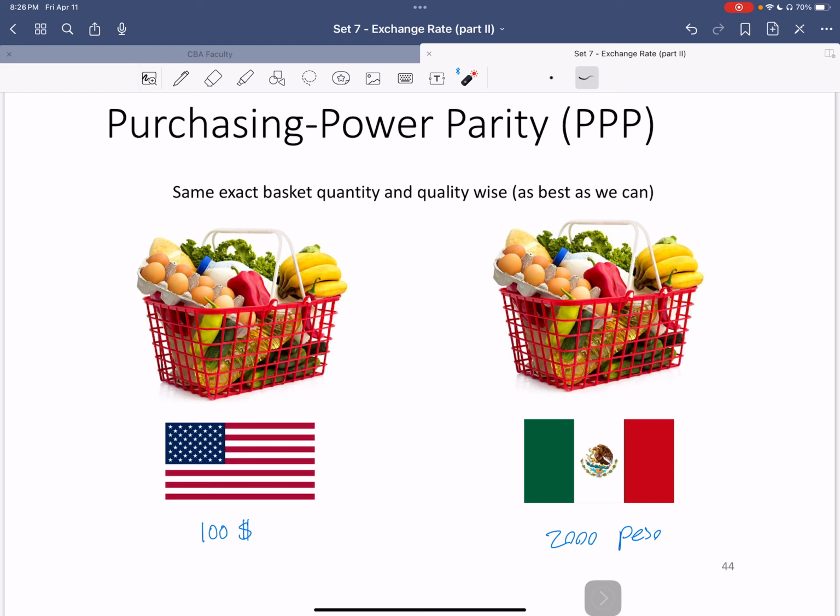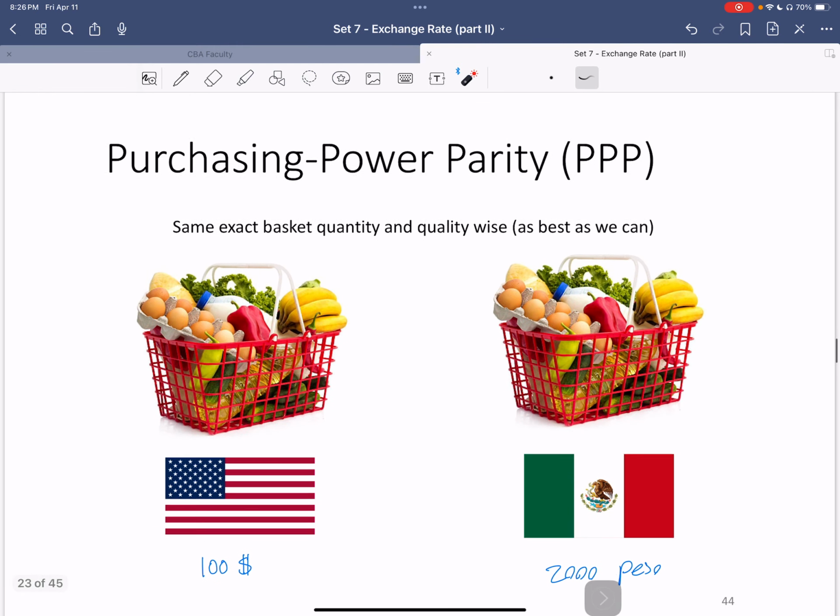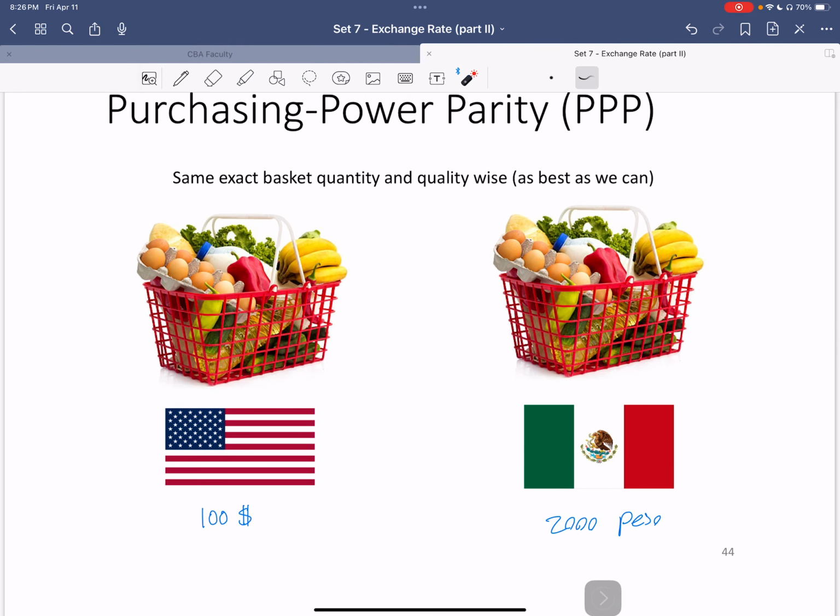But PPP does not hold all the time. What if this time you buy the basket in Mexico for 1,600 pesos, the same basket?